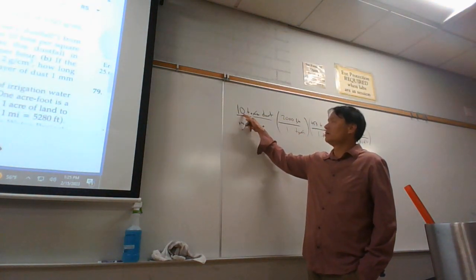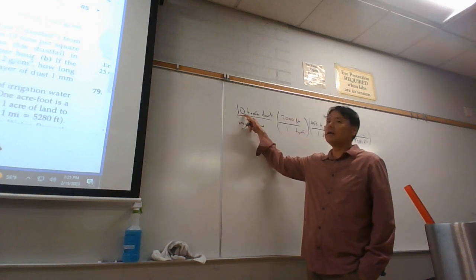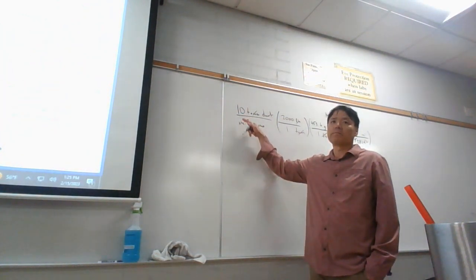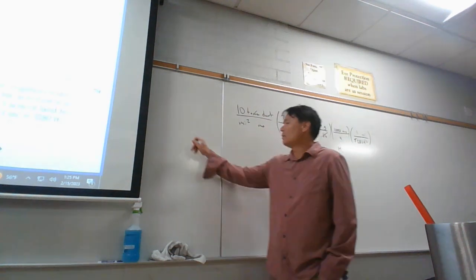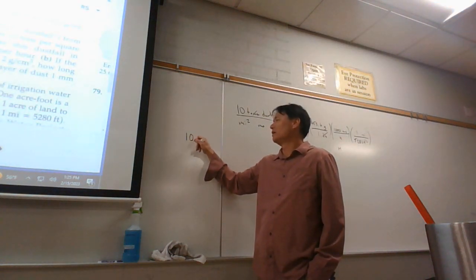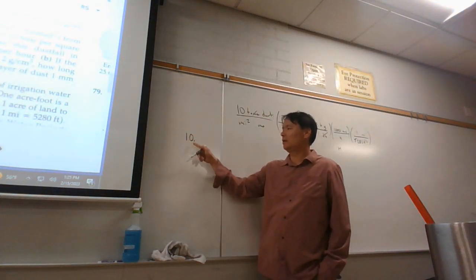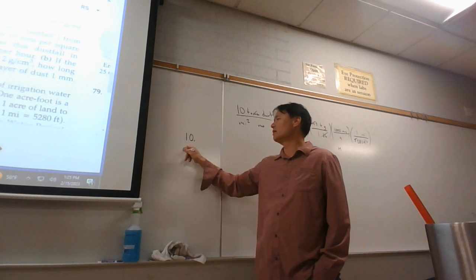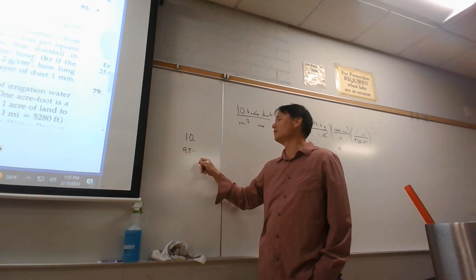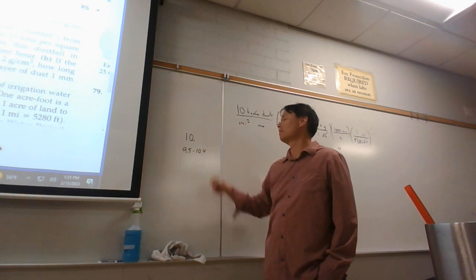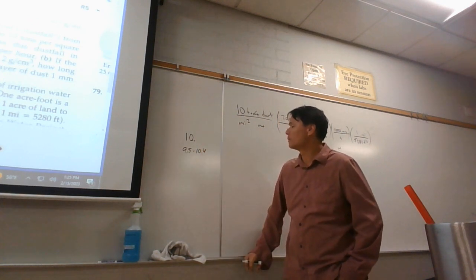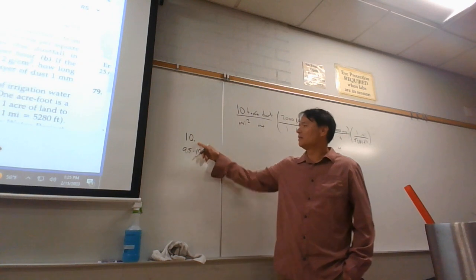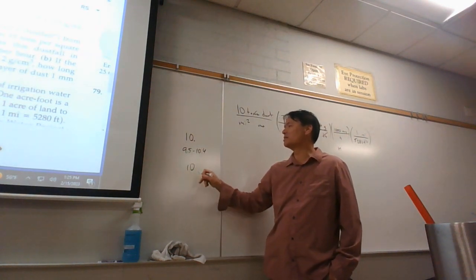When we have a 0 after the non-zero, it may or may not be significant. So what some people do is they'll put a decimal point. If I wrote 10 with a decimal point here, then that's 2 sig figs. Then it'd be anywhere from 9.5 to 10.4. However, if I don't put that little decimal, then typically we take this as 1 sig fig.